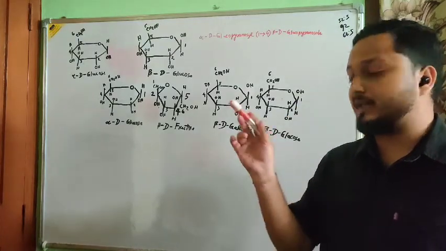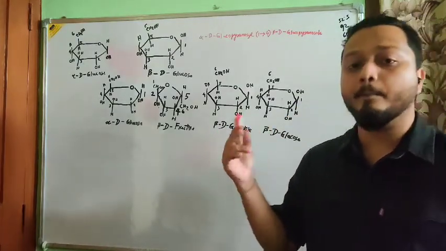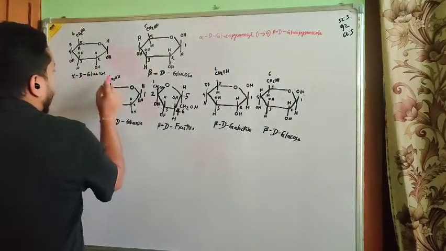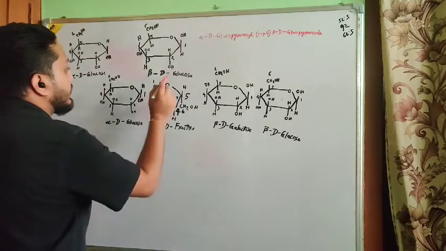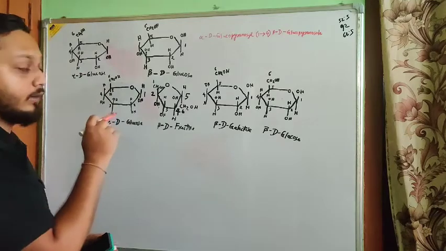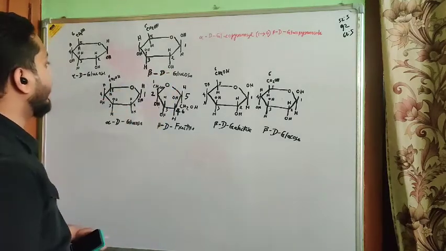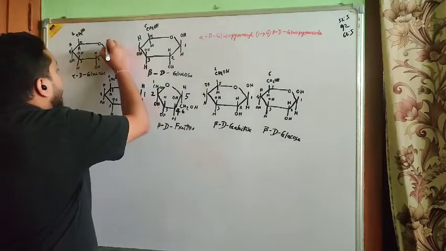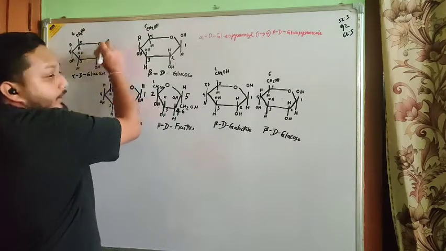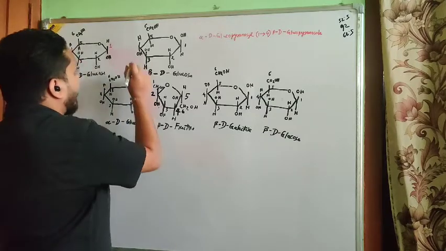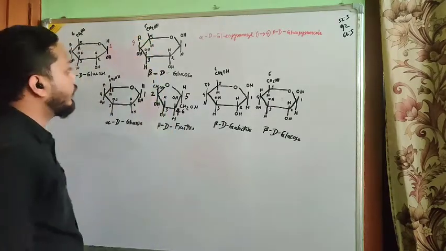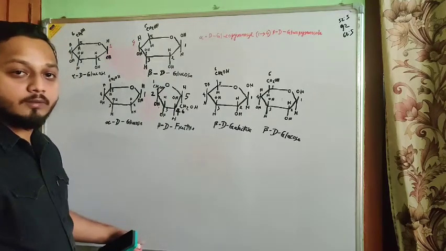Now, let us take the example of maltose. Maltose consists of 1 unit of alpha D glucose, this is alpha D glucose, and 1 unit of beta D glucose. This is the beta D glucose unit. Now, this is the carbon number 1 of alpha D glucose, and this is the carbon number 4 of beta D glucose.